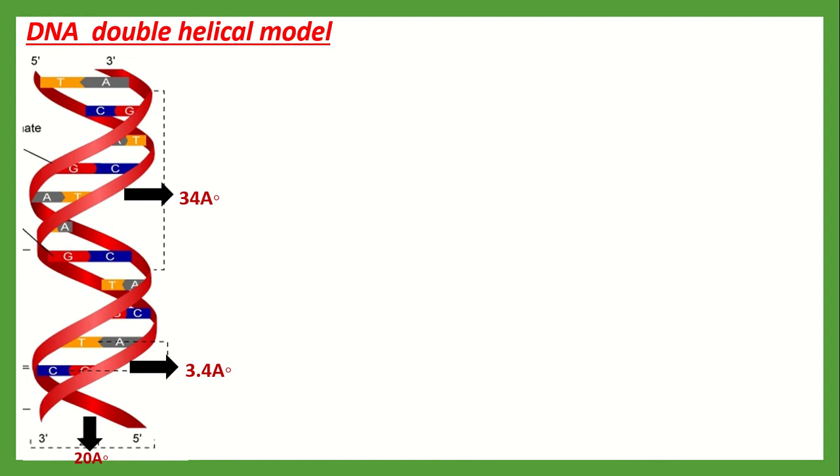The sequence of bases along one strand specifies the sequence of bases along the other strand. The backbone of each strand consists of alternating deoxyribose sugar and phosphate group.